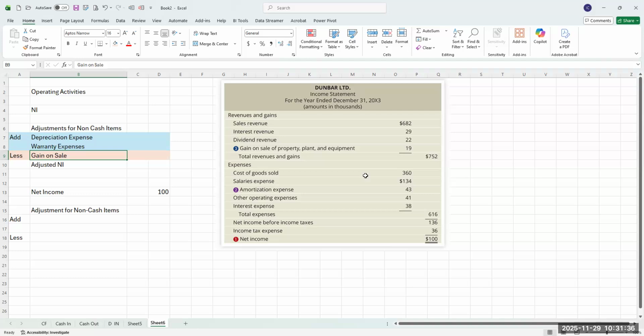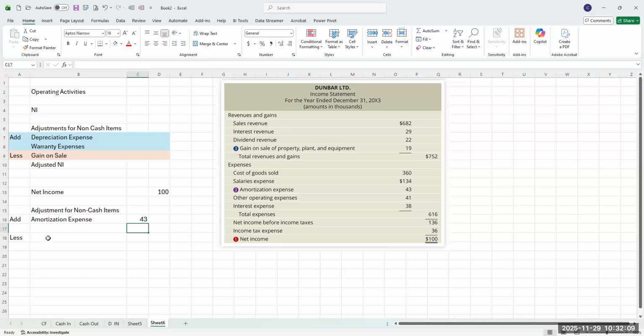We already established it's not, but it's included in the deduction of our net income. So what that means, we have to add it back. So we're going to add amortization expense. And we're going to add $43. Is there anything else that we have to add back? Everything else looks okay.